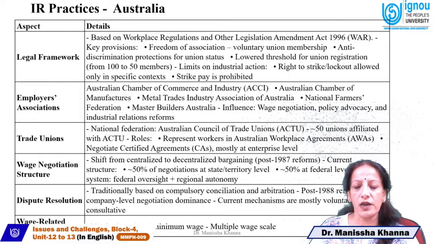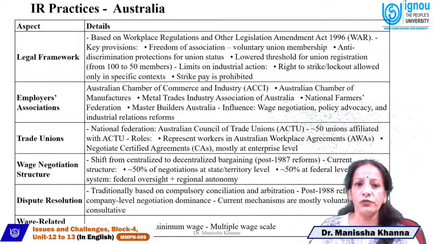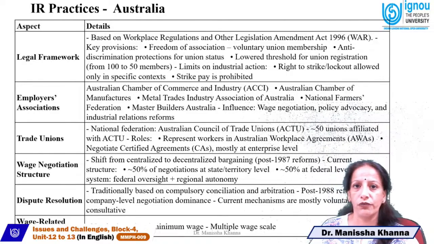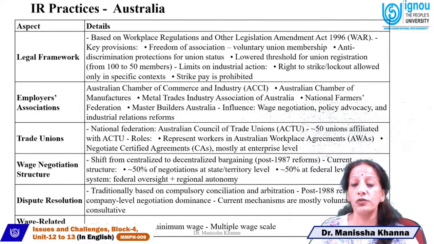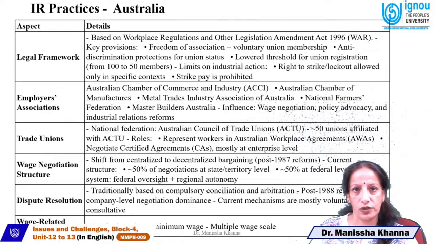The trade union body is the ACTU, the Australian Council of Trade Unions, the national federation, with 50 unions affiliated to it, and their main role is to represent the workers of the Australian workforce. They negotiate Australian Workplace Agreements, AWAs, and certified agreements, mostly at the enterprise level.